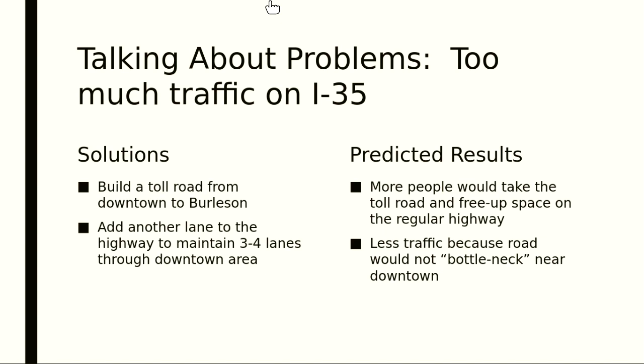So again, my problem is there's too much traffic on I-35 in Fort Worth. So another solution I have for the problem is to add another lane to the highway to maintain 3 or 4 lanes through the downtown area. Because right now, by my house, there's only 2 lanes on the highway.